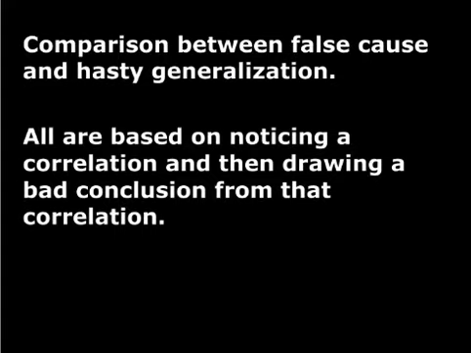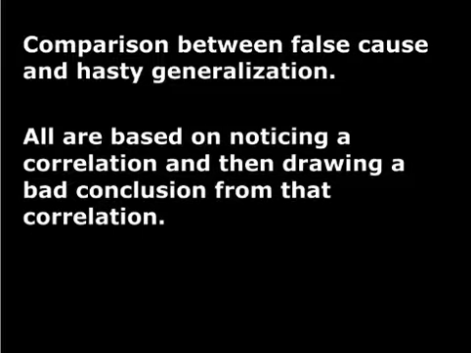Now, let's compare false cause and hasty generalization. They can be confused. And a lot of times arguments will do both. There's both a generalization part of an argument and a kind of causal part of an argument.